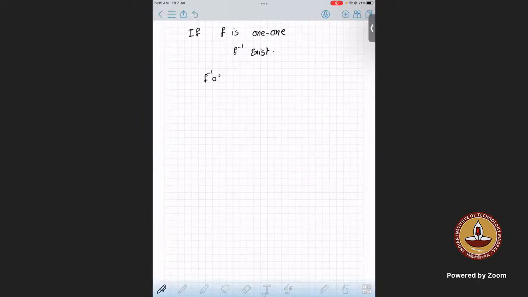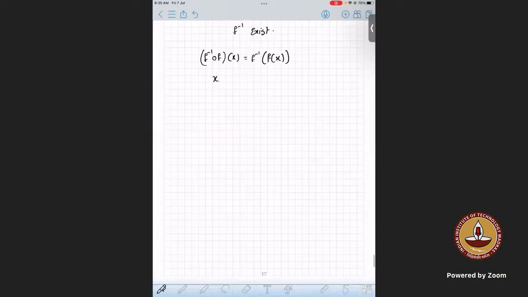f inverse of f of x is equal to x, if x belongs to the domain of f. That is equal to the range of f inverse. Clear? Right.